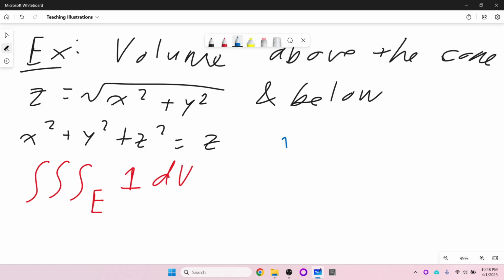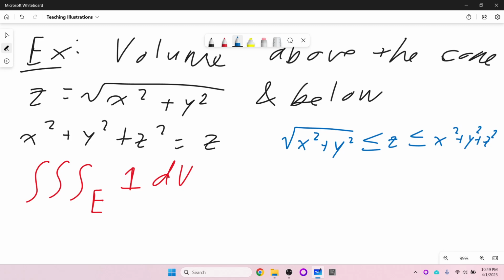So it would be square root of x squared plus y squared is less than or equal to z, which is less than or equal to x squared plus y squared plus z squared. But start doing this with z going from there to there, and then y would have to go from like 1 minus square root of x squared or something like that. You know, square root of 1 minus x squared. It's ugly, right?